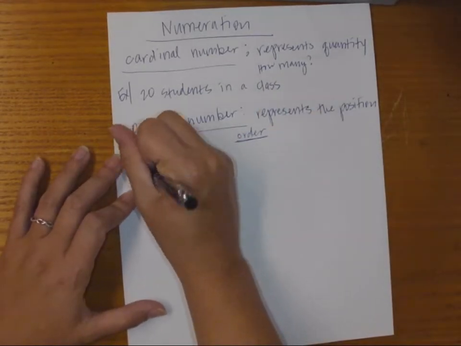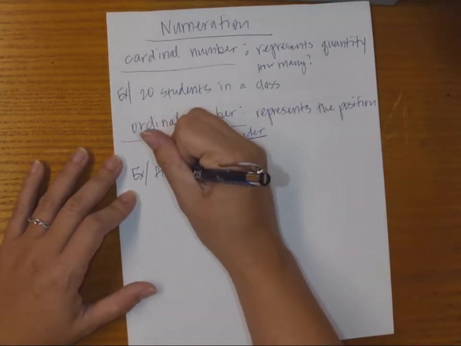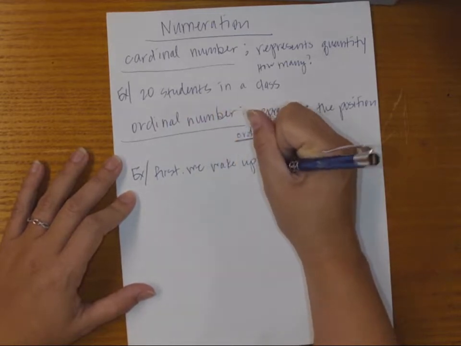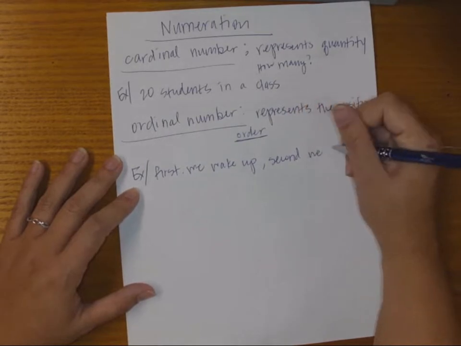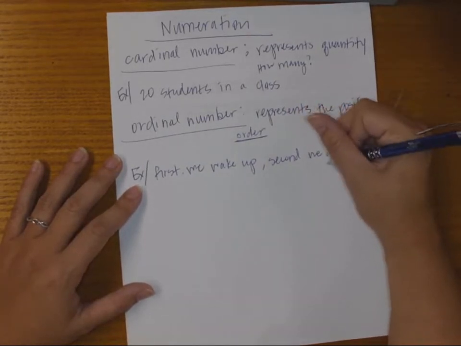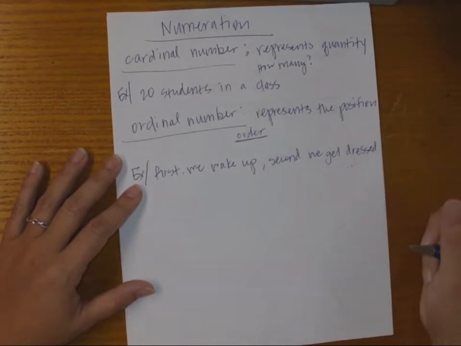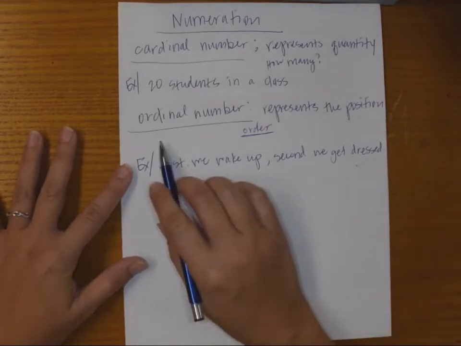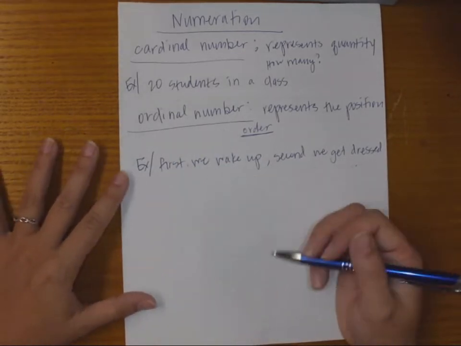So for example, first we wake up. Second, we put on our clothes, get dressed, so on and so forth. Or first place, second place, third place. So ordinal numbers tell the position of something or the order something's in.